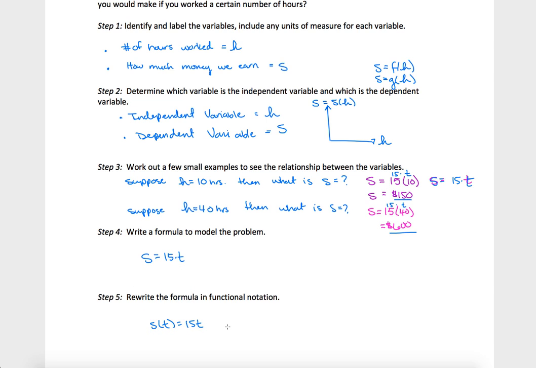And now that I have the notation, I can start answering questions like, what is S of 36? Or I might want to answer the question, what is S of T equals 700? And this is saying, how many hours do I have to work to earn $700? And it's nice to be able to ask those questions using functional notation. I leave the next 2 exercises for you to do on your own.